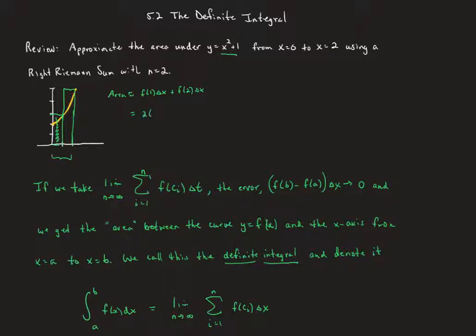Our delta x in this case is 1. And f of 2 is 2 squared plus 1, that's going to be 5, and our delta x there is 1. So we get 2 plus 5, which is 7. That is our approximation to the area under the curve using our two right rectangles.